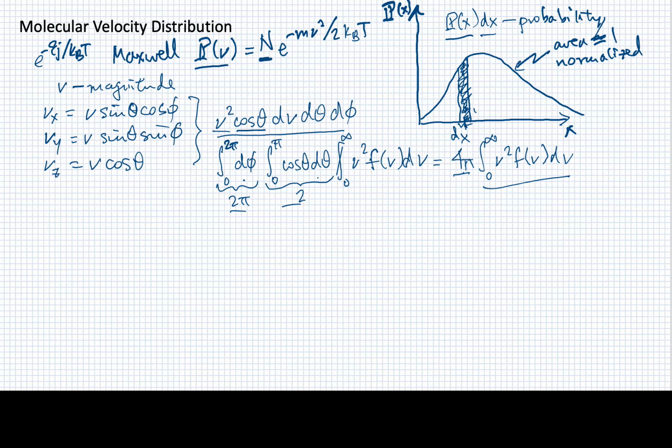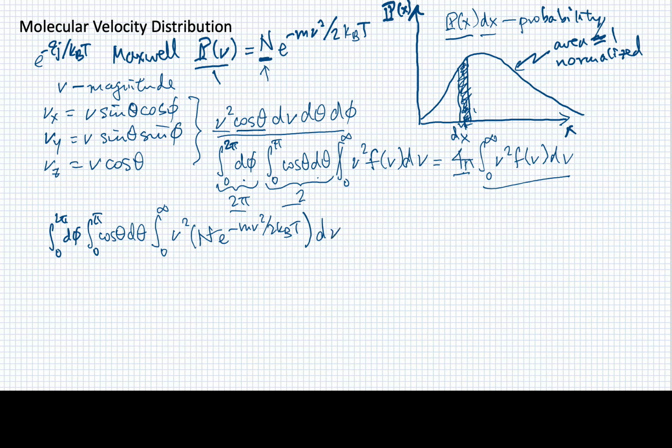Now we can use an integral like this to determine what this normalization constant is for this probability density. How do we do that? Well, what we want to do is set up a similar integral, 0 to 2 pi d phi, 0 to pi of sine theta d theta, and now we're going to have an integral from 0 to infinity of v squared times this function of p, which is n times e to the minus mv squared over 2 kT, dv.